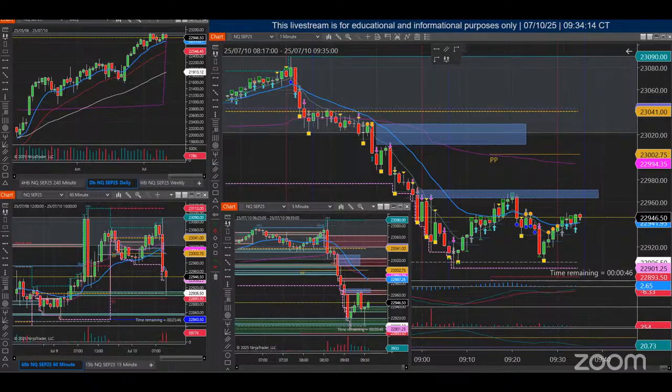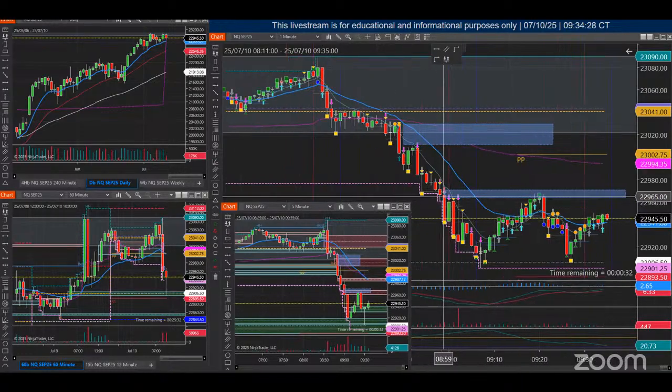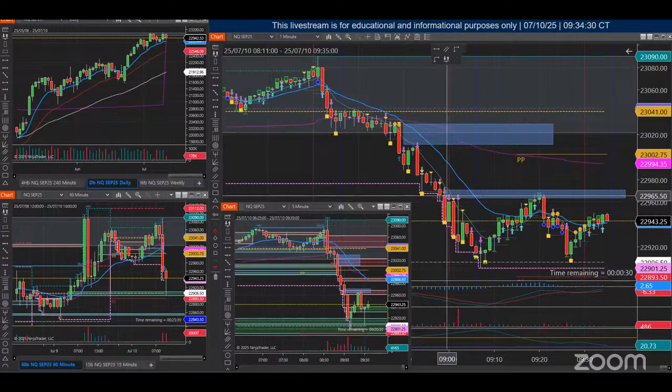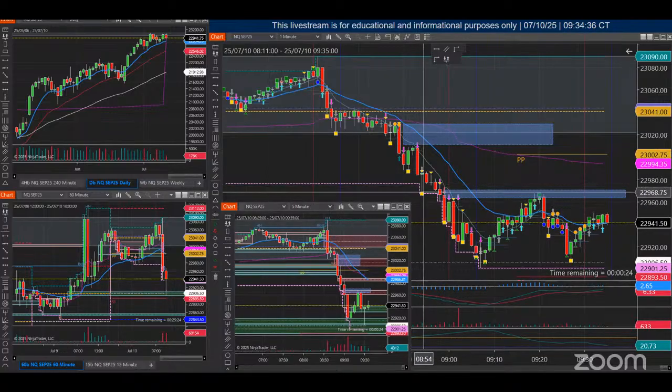But I need to be very cautious on picking that location. And if only I had waited for that good location, either here.